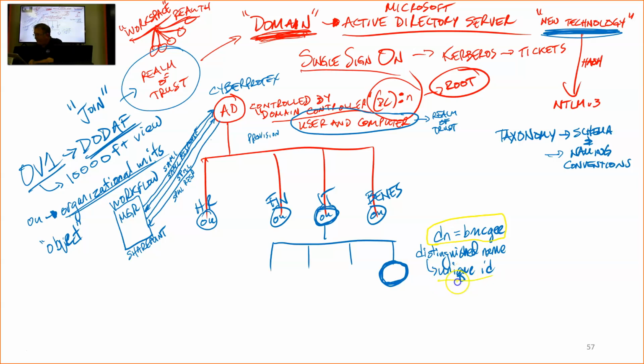So the distinguished name is a unique ID. What they call it in directory services is a distinguished name, but essentially it's like a primary key in a database, or a unique ID. It's a way that we can say that Shane is Shane is Shane, right?